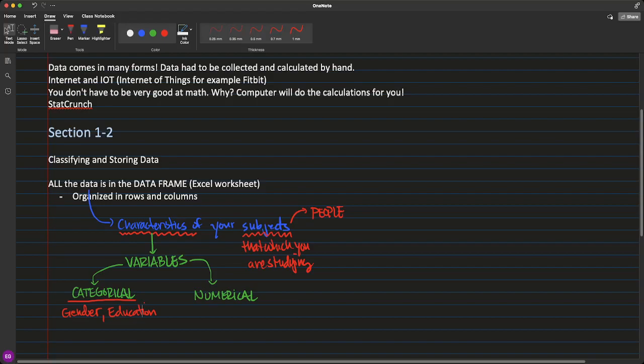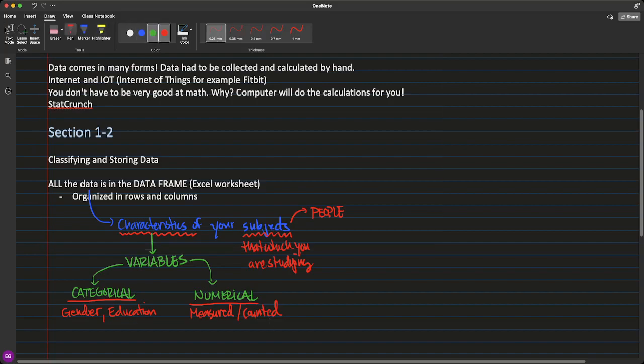And we also have numerical variables. Okay, numerical variables are characteristics which are measured or counted about the subject. So what's something that you can measure or count about a person?